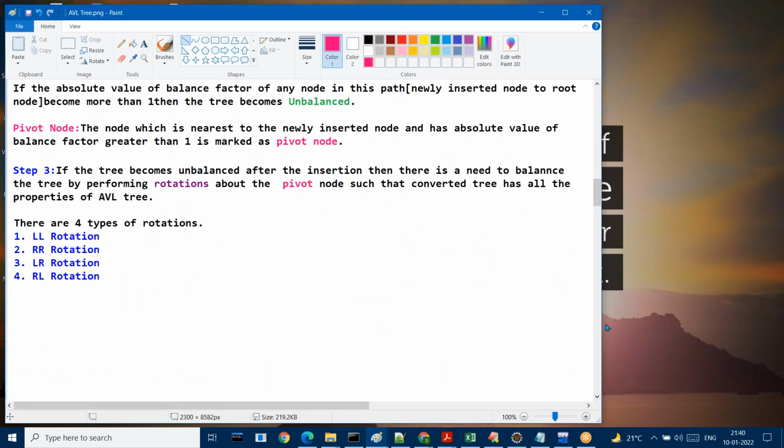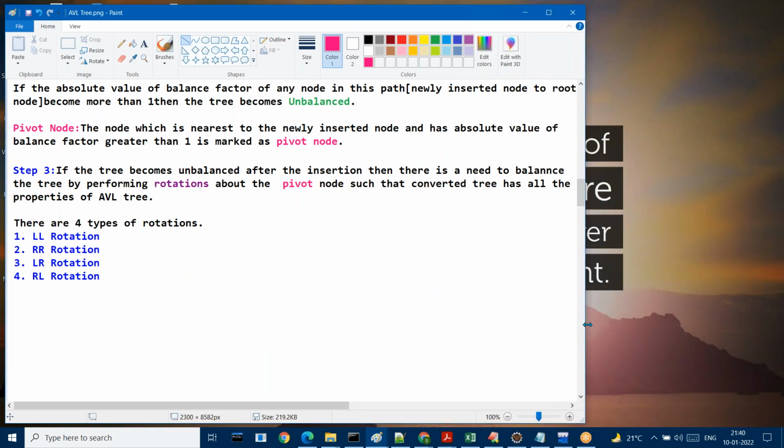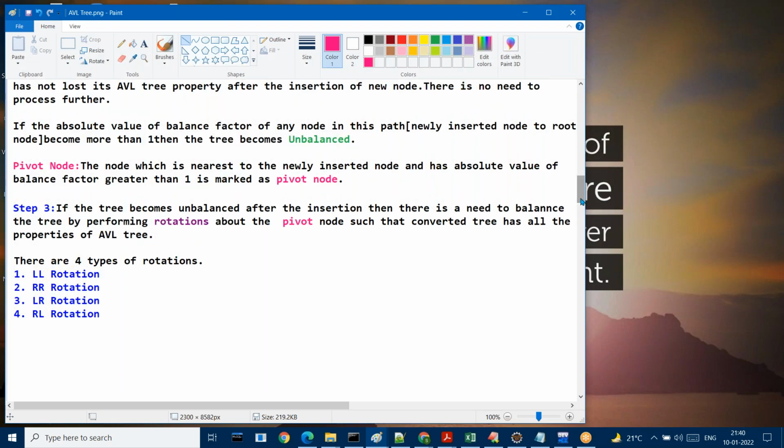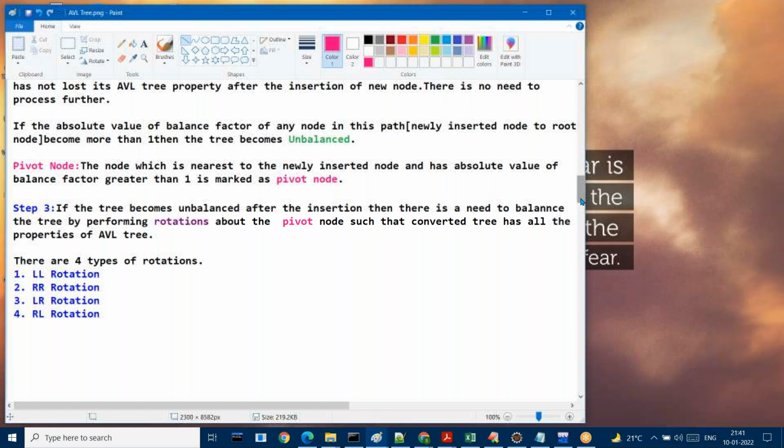But before learning rotation, another definition we learned in the last class is called pivot node. What is called a pivot node? Sir, the node which is nearest to the newly inserted node. Newly inserted node means the node which is just now inserted. From that newly inserted node, the node which is closest and has lost its balance factor is called the pivot node.